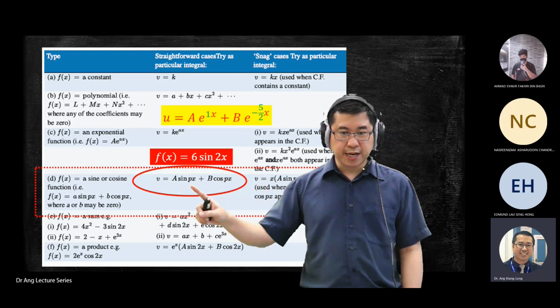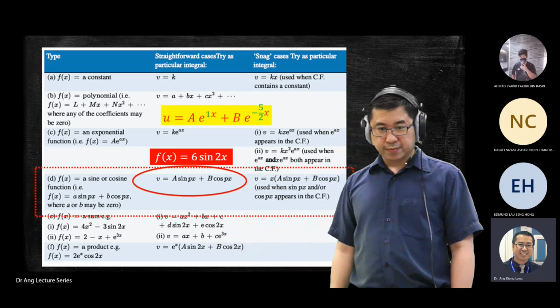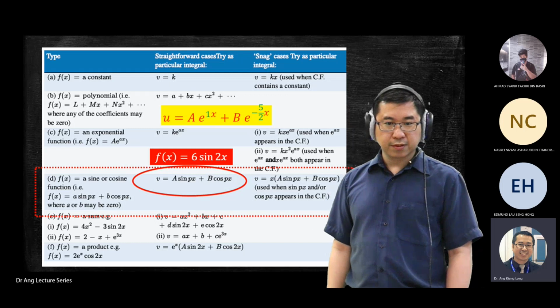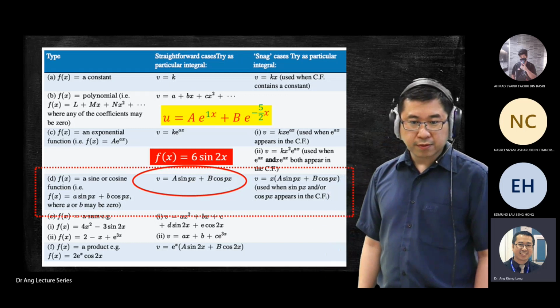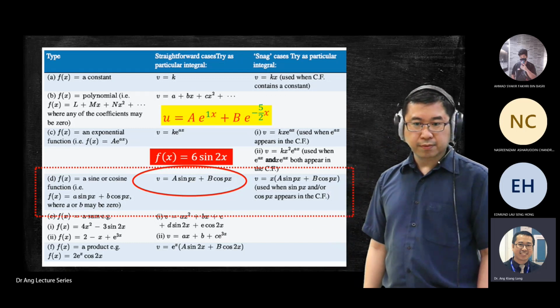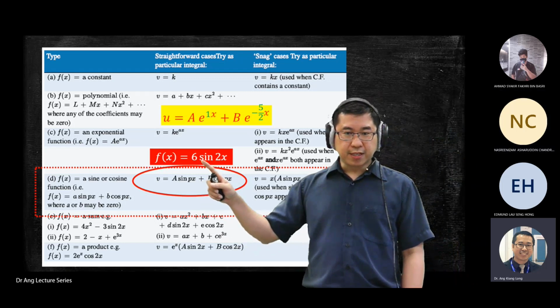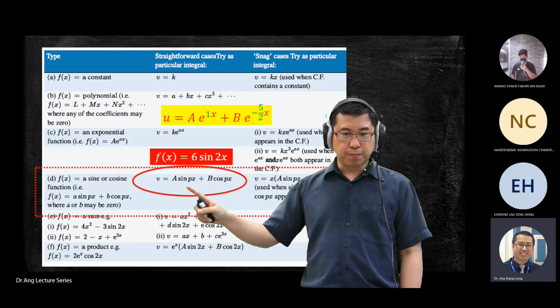What is your P value, Nizam? Nizam, are you there? Your fx equal to 6 sine 2x. What is your P value in the equation?